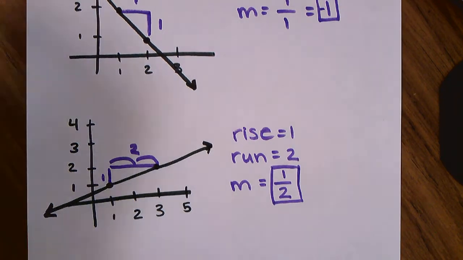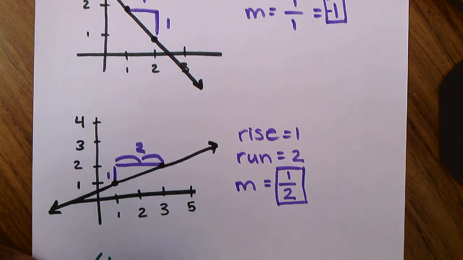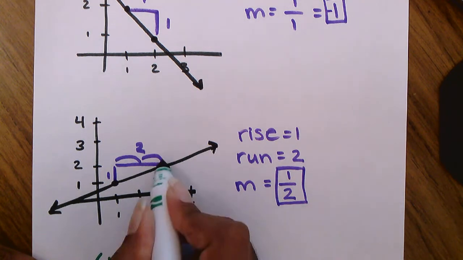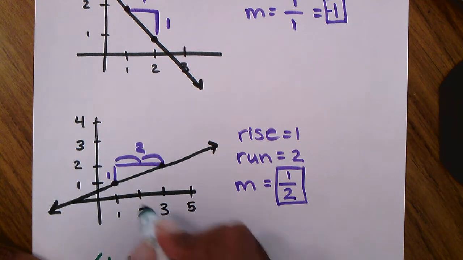So now let's say that we are given ordered pairs, right? Say you're given 2 ordered pairs. Matter of fact, we could just use these ordered pairs. Say you're given a problem and they tell you that your ordered pairs are 1, 1, and 3, 2. And you want to find the slope between those 2 ordered pairs, right? Or let's say they gave you even more.